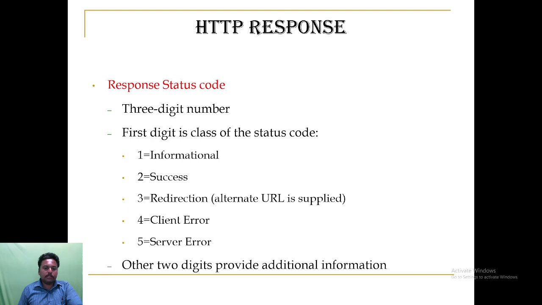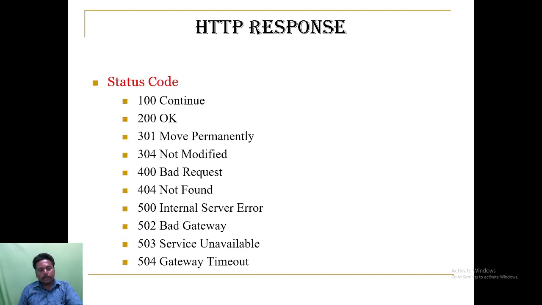The first digit is the class of the status code: informational, success, redirection, and client as well as server error. And what are the status codes? It's an important topic. 100 is continue, 200 is okay, 301 moved permanently, 304 not modified, 404 not found, and 400 bad request.